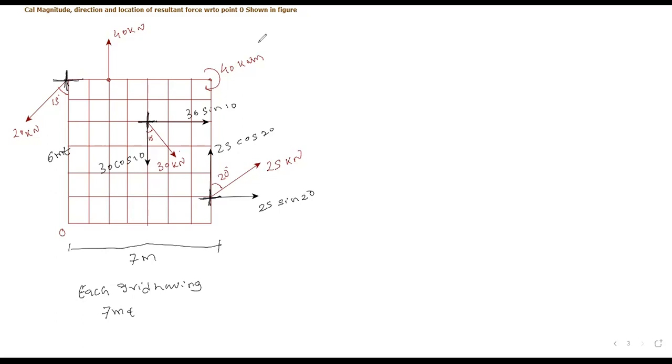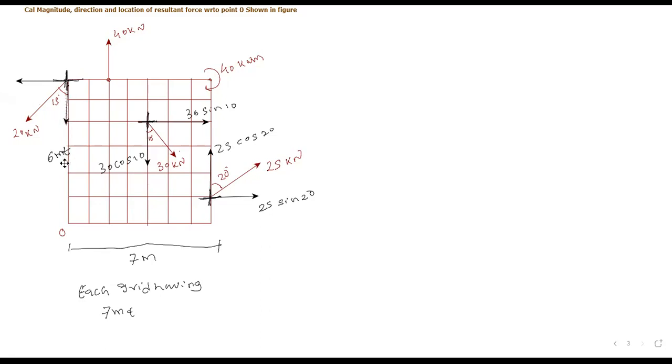Okay, again here force in a, maine cheez kar diya. This is your x resolution. This is your y resolution.